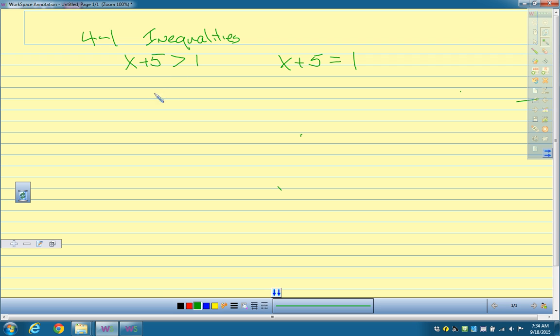How many answers does this one have? Infinitely many, right? Because who could give me one solution of this inequality? Go ahead, Cole. X equals -5? Well, that's a good one, but would that be a solution? If I plug -5 in there, would that be bigger than 1? No, that would just be 0.